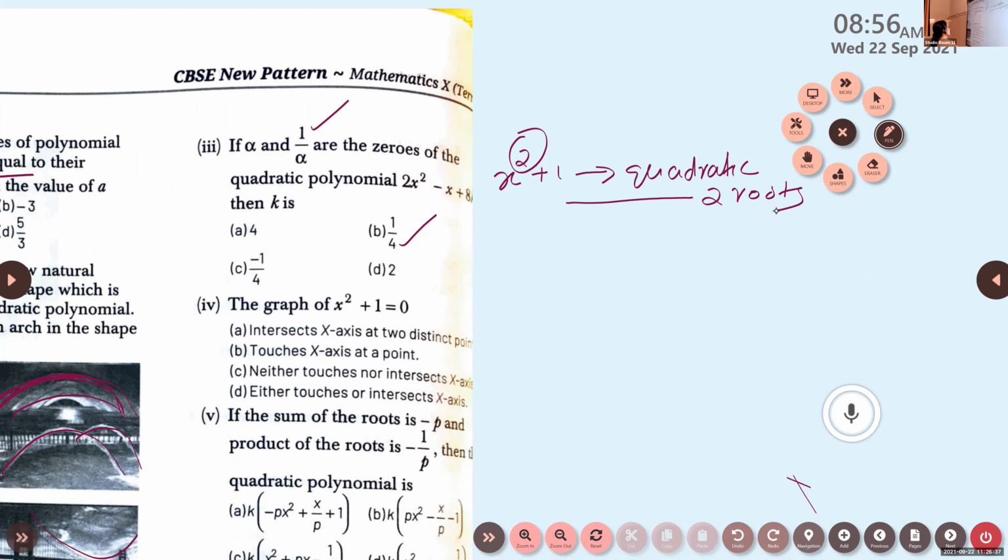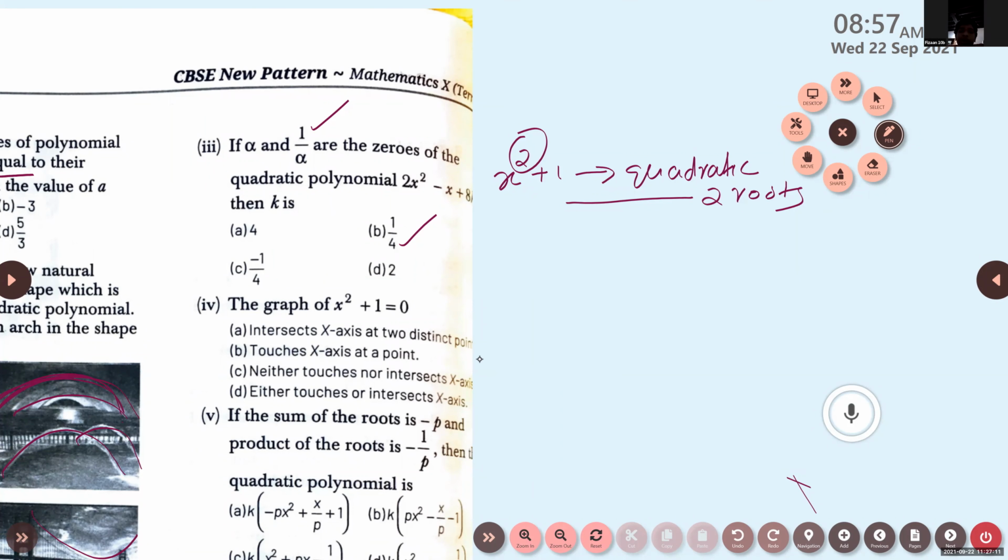So, options: intersects x-axis at 2 distinct points, touches x-axis at a point, neither touches nor intersects x-axis, either touches or intersects x-axis. What will be the correct option? We have studied that if it is a quadratic equation, it has 2 roots and it will touch the x-axis at 2 distinct points. Srihari, which will be the correct option?